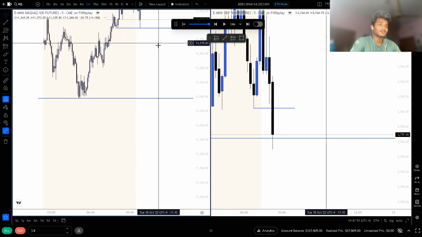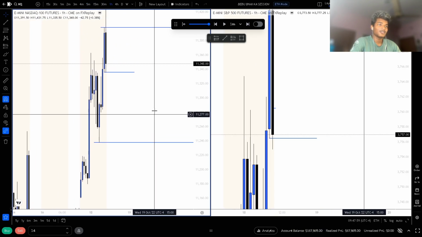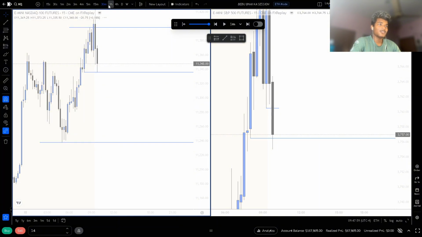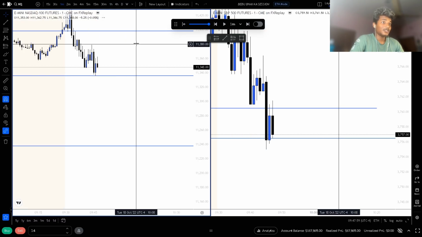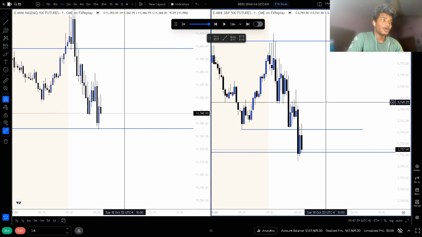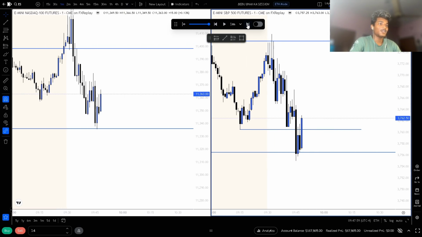I do think that it will just remain unmitigated. If we inverse this hourly gap at 10 a.m., then I will take continuation shorts targeting the 4-hour gap. But this low resistance is not giving me confidence.